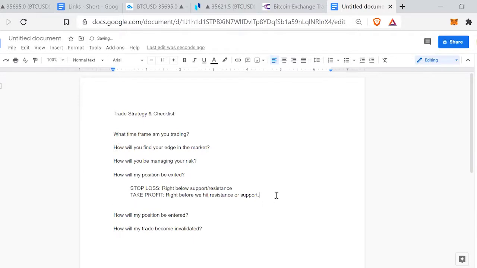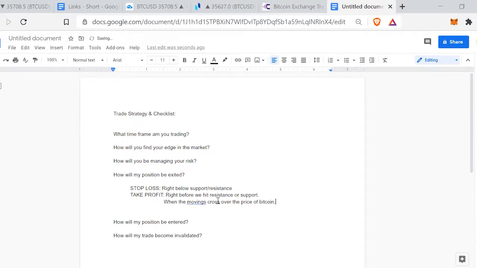Maybe for your take profit, you wanted to use some kind of moving averages, when the moving averages cross over the price, or whatever your strategy is going to be.